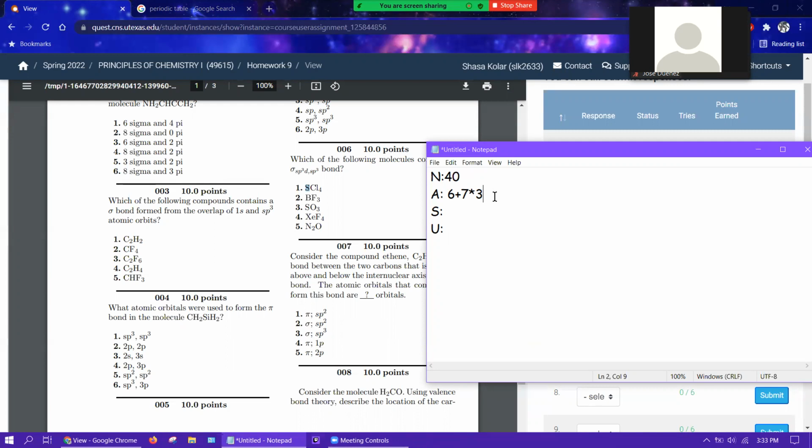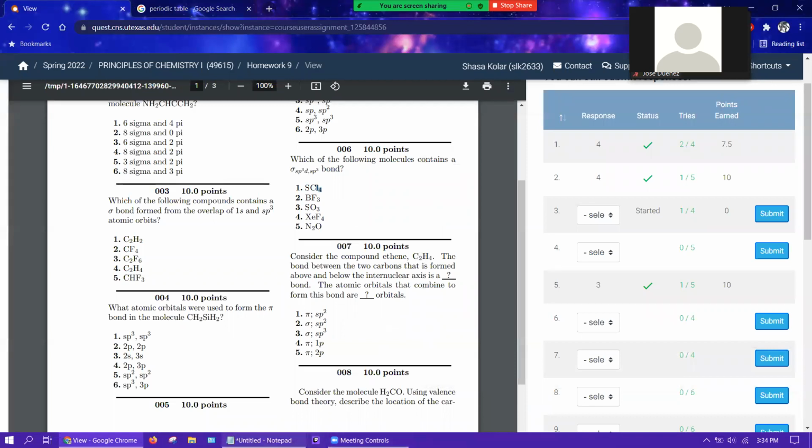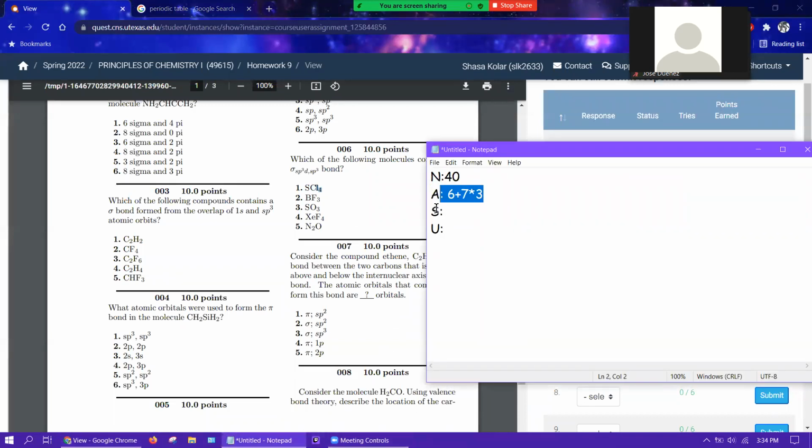Did I do something wrong there? Oh, right. Okay, I did something wrong. It's 4, not 3. So another thing to note, if you get an odd number, like 27, you did the math wrong somewhere, because the bonds are multiples of 2.